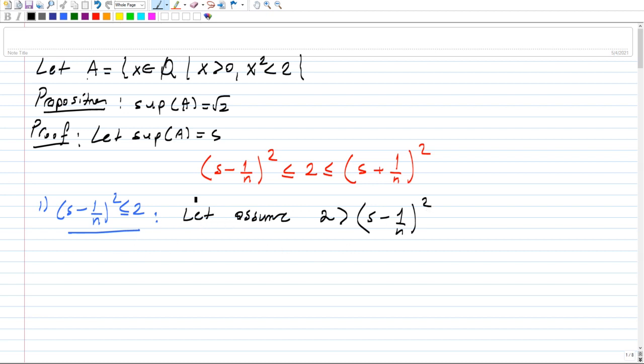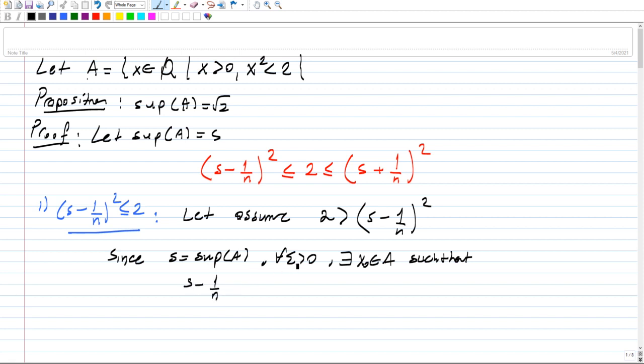Okay, we know that S is the supremum of the set A, so for every positive real number there exists x0 in the set such that S minus 1 over n, I'm choosing epsilon to be 1 over n, is less than x0.